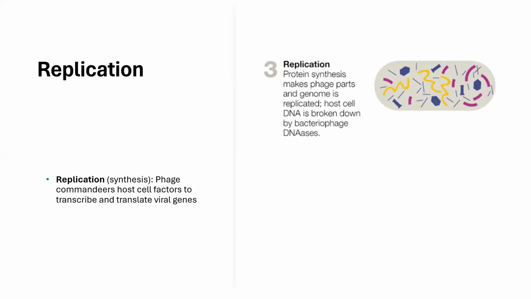Now, the other kind of insidious part is that they're either going to be DNases, which are enzymes that break down DNA, that are packaged with the genome, or they're going to be coded for on the bacterial genome. And those DNases are designed to break down the host genome. That way they can be focused on their own replication.